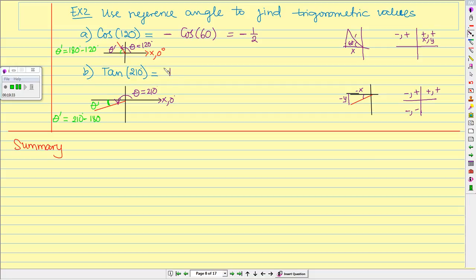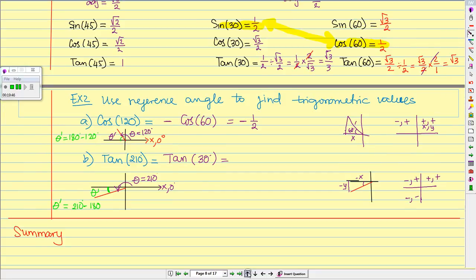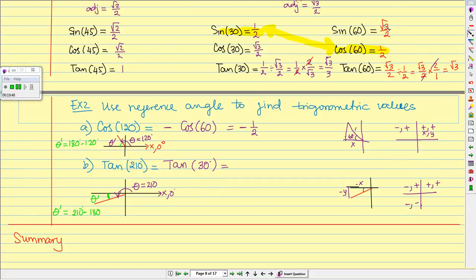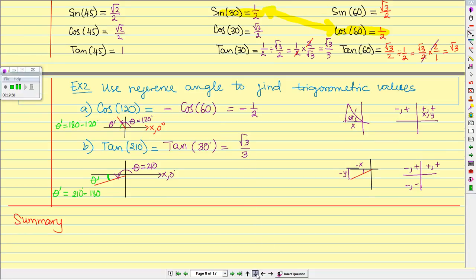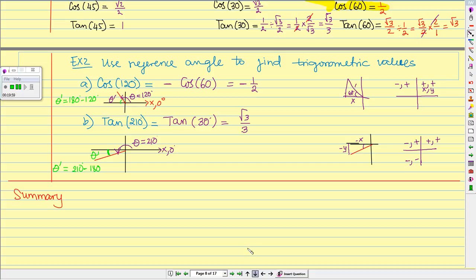So I don't have to put the negative sign. This will be the same as tangent of the reference angle, the acute angle 30 degrees. And tangent of 30 degrees, we found the answer already, so this is an answer we'll go back and use all the time. Tangent of 30 degrees is square root of 3 over 3.